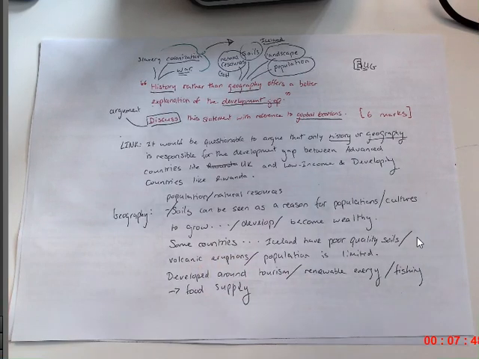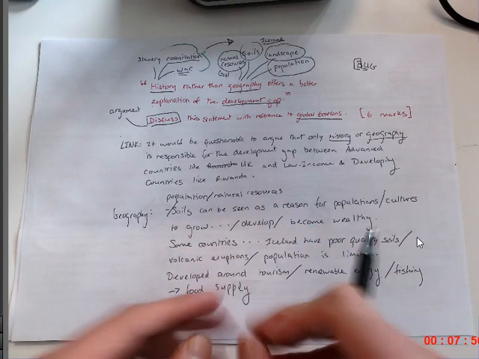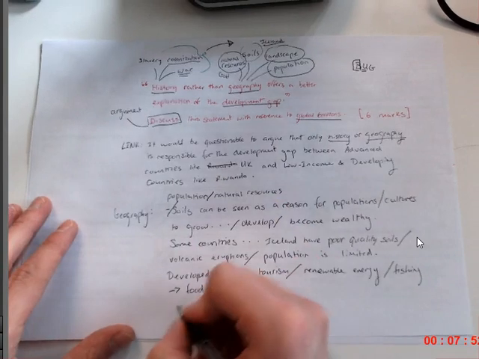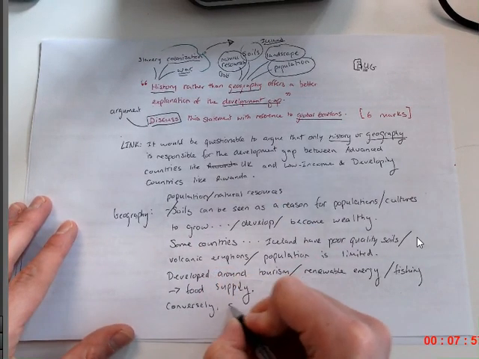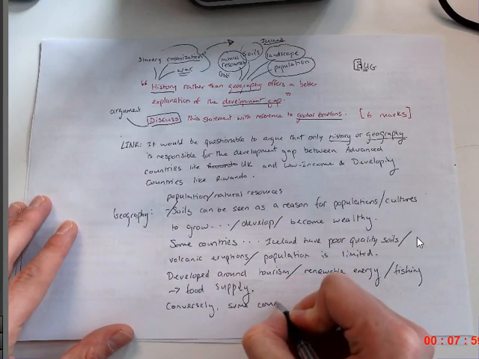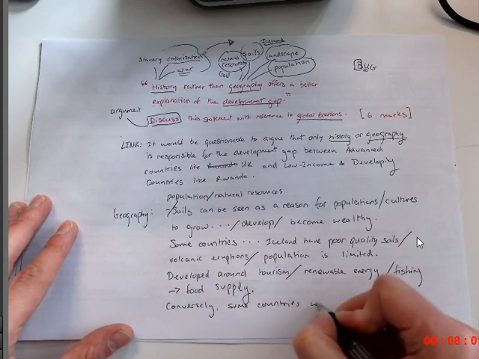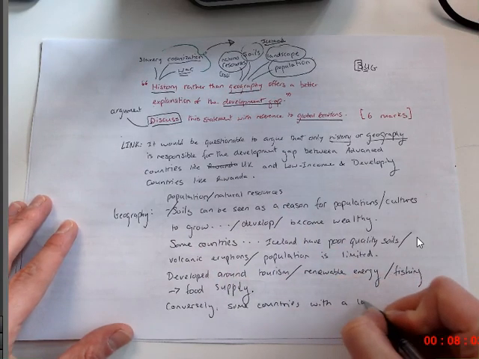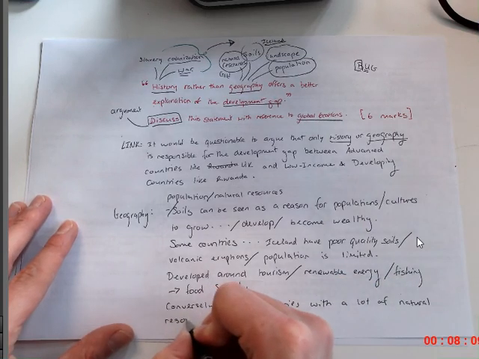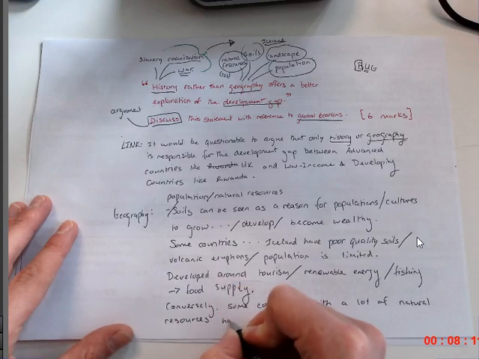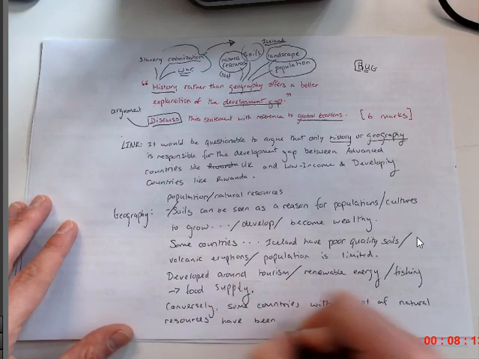What we can also highlight is that sometimes the natural resources link in with history to an extent. So conversely, some countries that have a lot of natural resources, for example oil, coal, gas, have been taken advantage of, have been colonized.